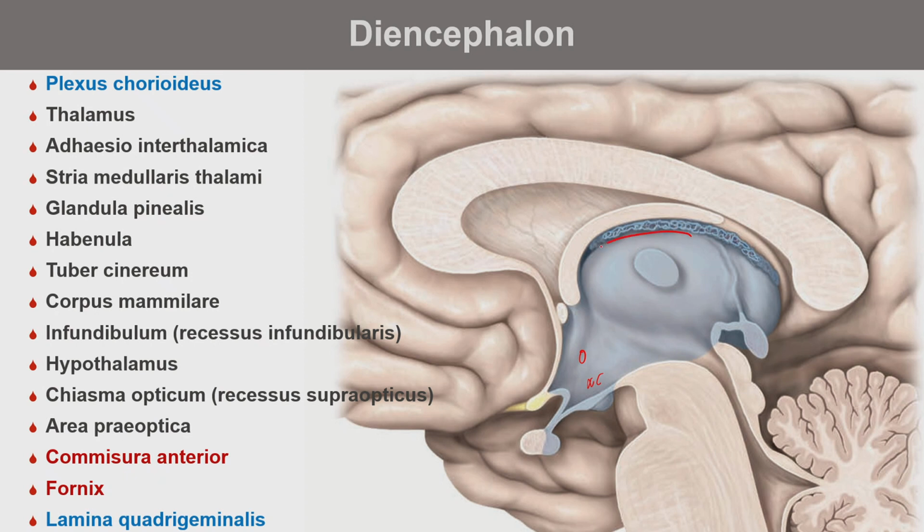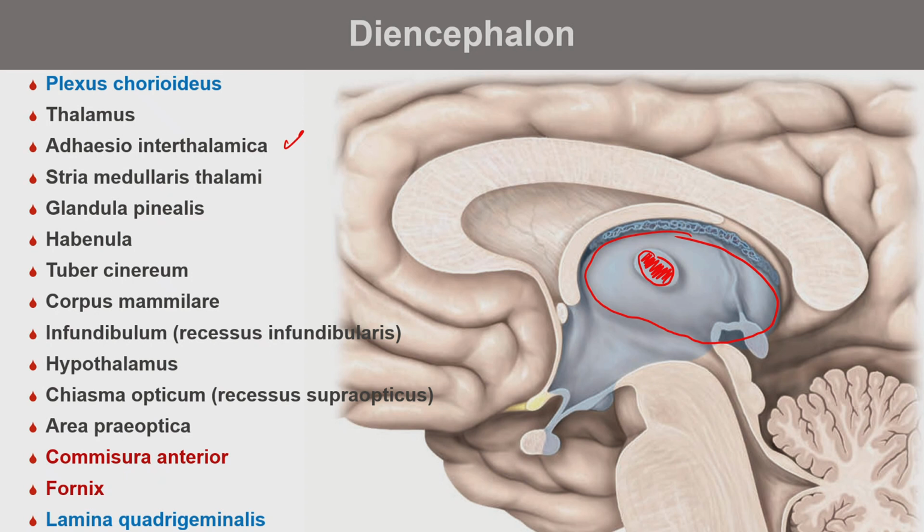I have said that the largest part of the diencephalon is the thalamus. Thalamus is a structure which is bilaterally localized. Each part has an egg shape or ovoid shape, and in between them it is a structure which is bridging both thalami, which is called adhesio interthalamica, interthalamic adhesion.